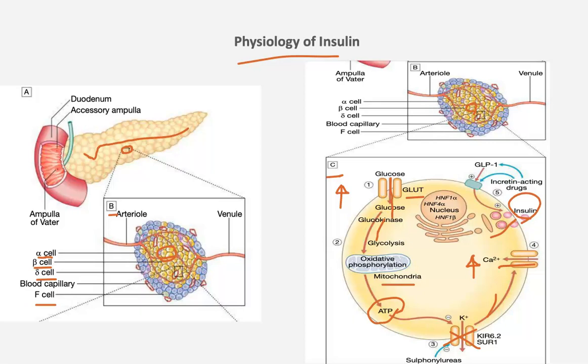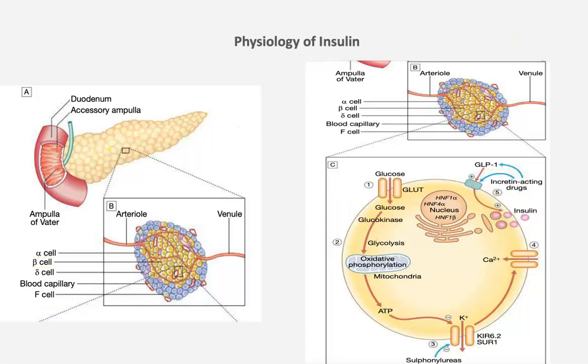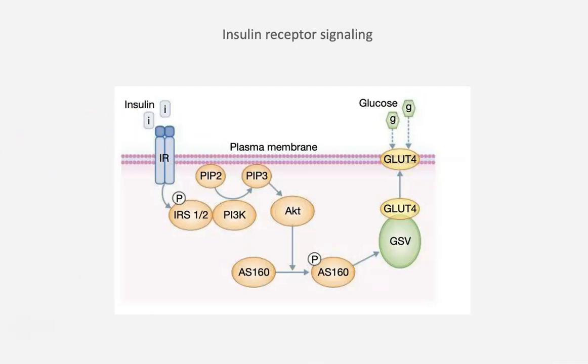Other stimuli, such as glucagon-like peptide 1, act on the G protein-coupled receptor to raise cyclic AMP, amplifying the insulin secretion. So, when insulin is released, what happens next? Insulin binds to the insulin receptor, here it is, triggering a complex signaling cascade that ultimately leads to translocation of GLUT4 from GLUT4 storage vesicles to the cell membrane, allowing cells to take up glucose.